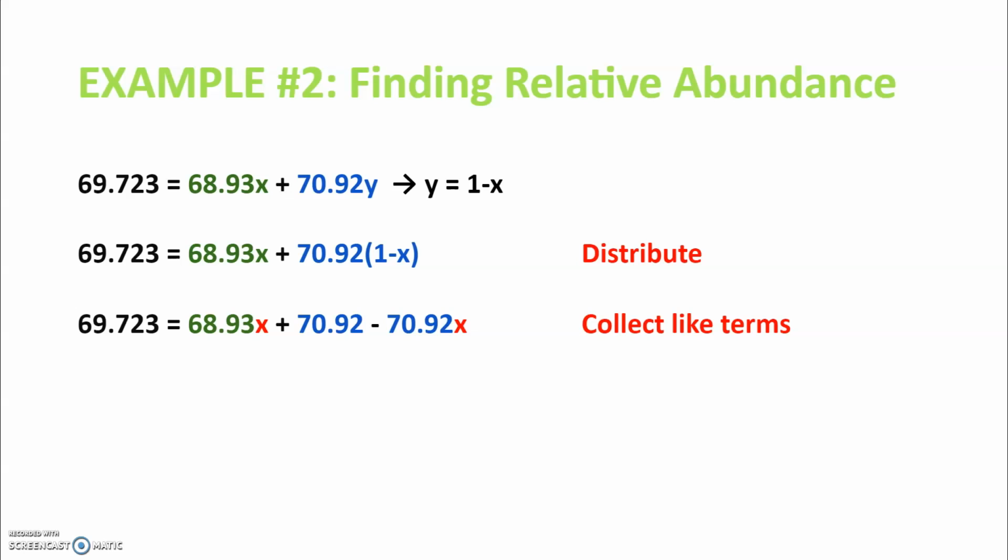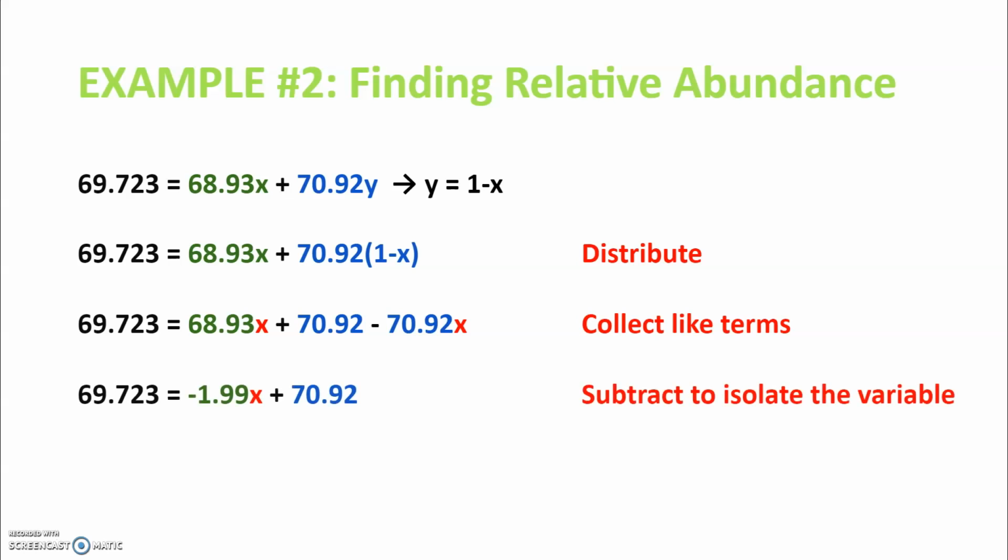Now we collect like terms to simplify this down a little bit, and we wind up with negative 1.99x plus 70.92. I'm going to keep trying to isolate my variables, so I'm going to subtract 70.92 from both sides, and that gives me negative 1.197 equals negative 1.99x.